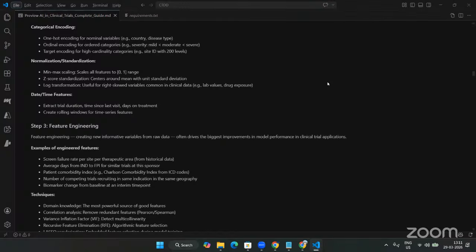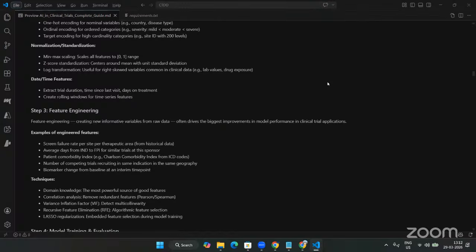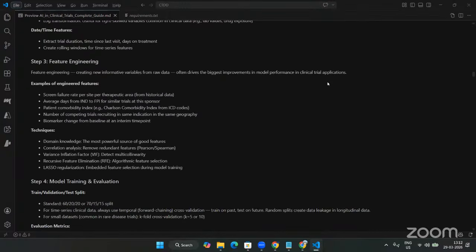Then we have date-time features, like extracting trial duration, time since last visit, days on treatment, and creating rolling windows for time series features. Step number three is feature engineering. Feature engineering is creating new informative variables from raw data.